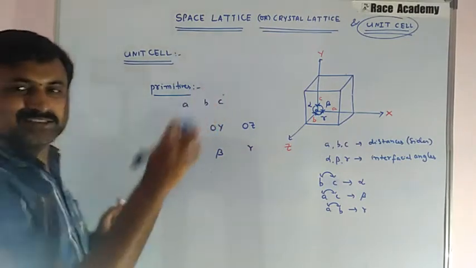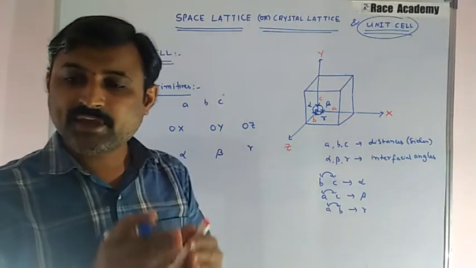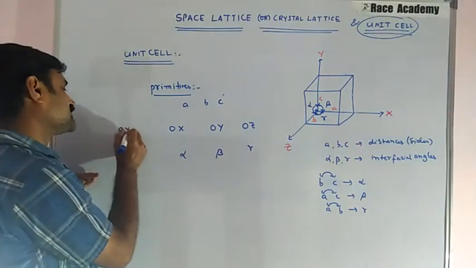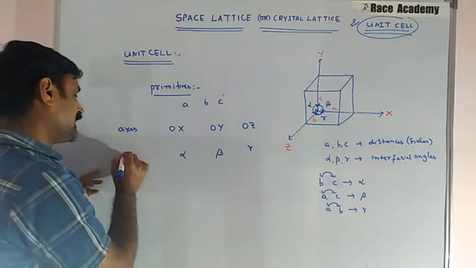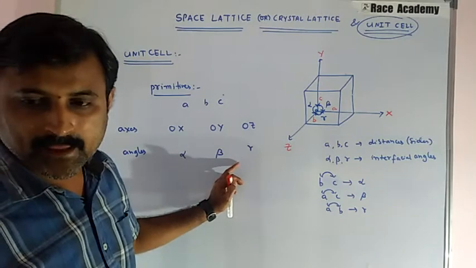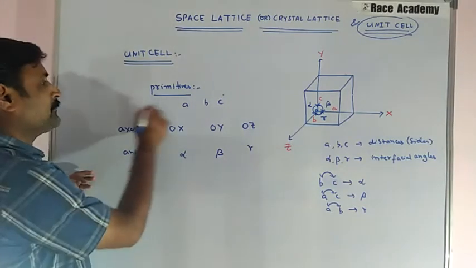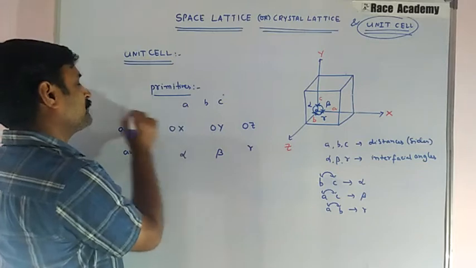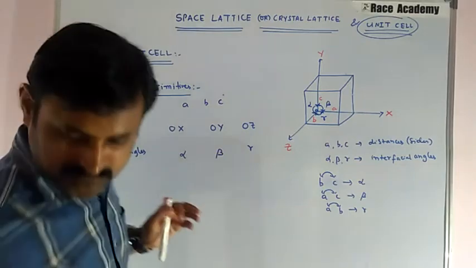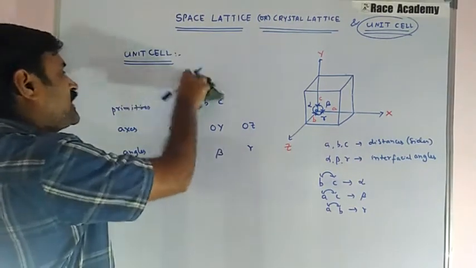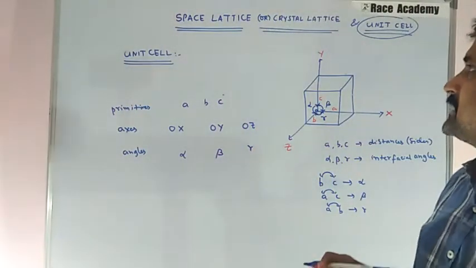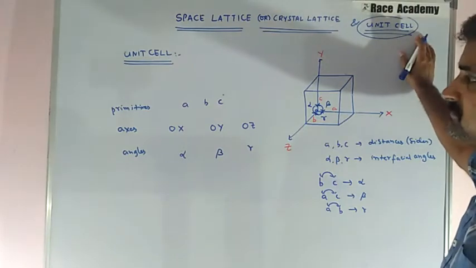So A, B, C are primitives, and OX, OY, OZ are the crystallographic axes. Alpha, beta, gamma are angles. They are the important terminology used in the study of this space lattice and unit cell concept.